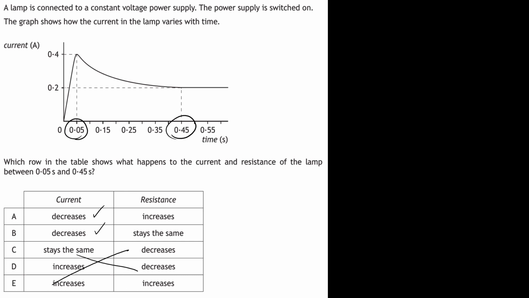Ohm's law says R is equal to V over I, which means that as the current is going up, the resistance must have gone down, or in this case, as the current has gone down, the resistance must have gone up. So this is correct and this is wrong. It tells us the answer must be A.